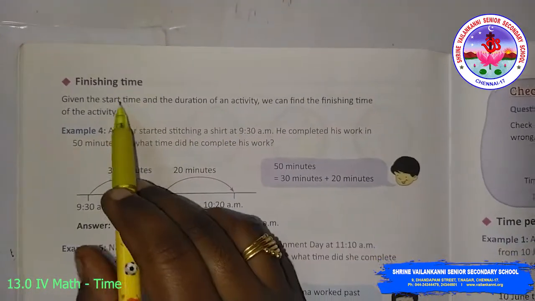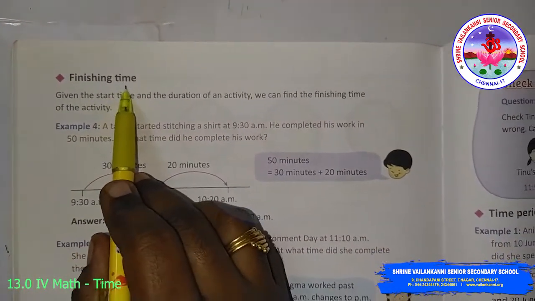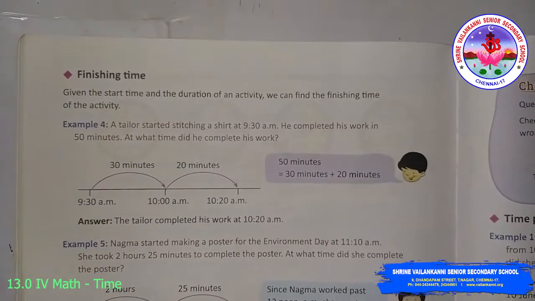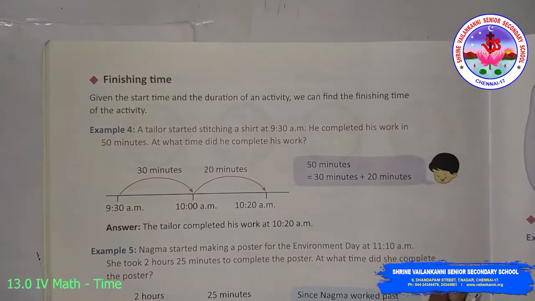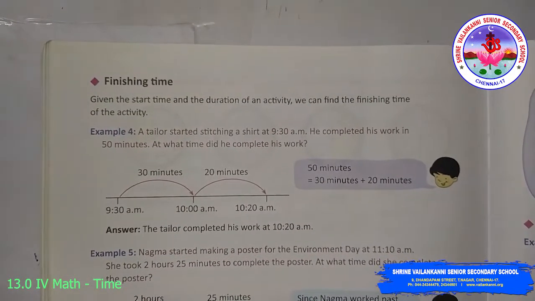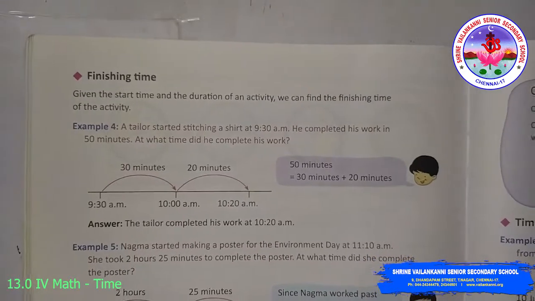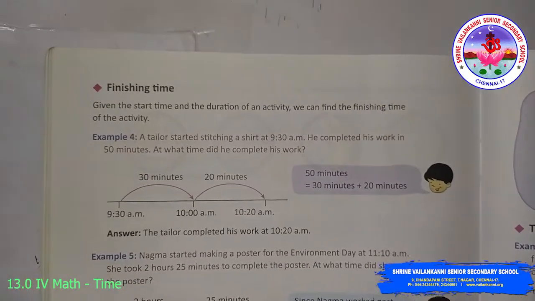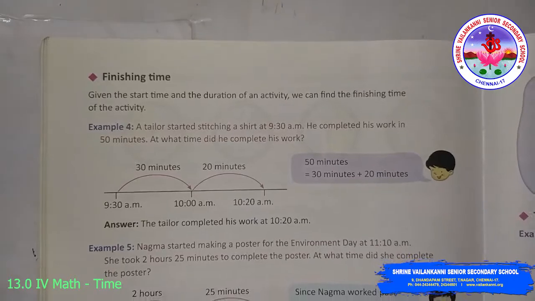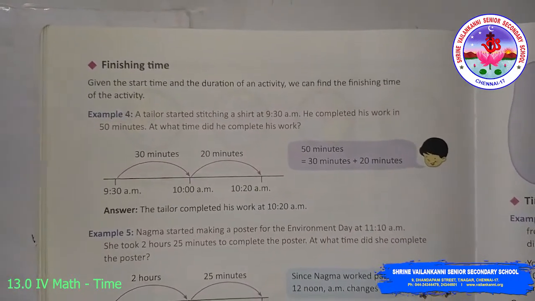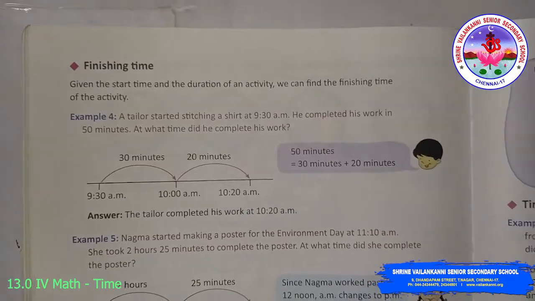So next we are going to see finishing time. The same example of class timing: 9 o'clock the class starts and 9:30 the class ends. Suppose I say the class starts at 9 o'clock and I will be ending the class after 30 minutes.